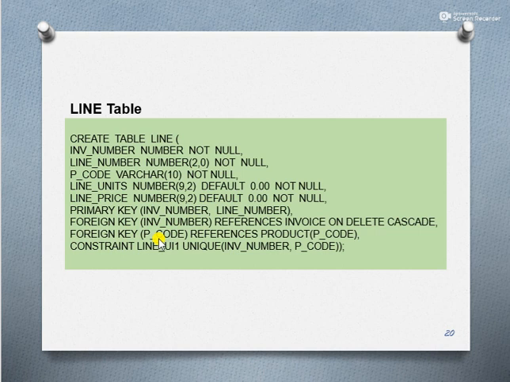And then we have another foreign key over here, which is product code, which references the product table. And we have one constraint also over here, that is a table constraint, and the name of the constraint is line underscore UI1. And what is the constraint? We want invoice number and product code to be unique.